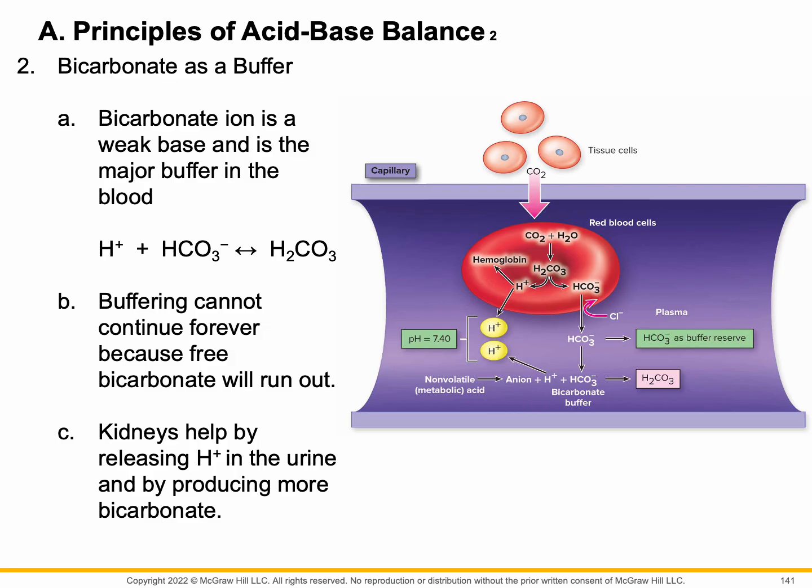Carbon dioxide diffuses from tissue cells into red blood cells and combines with water to form carbonic acid, which then splits into bicarbonate and hydrogen ions. Hydrogen ions combine with hemoglobin and some reach the plasma.